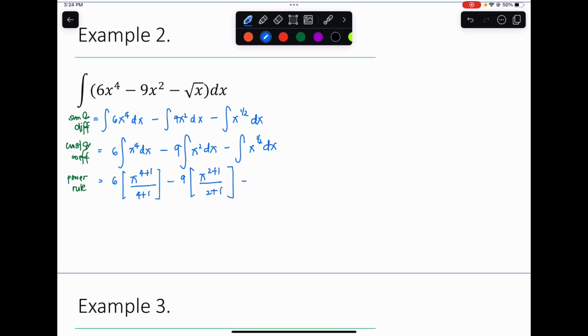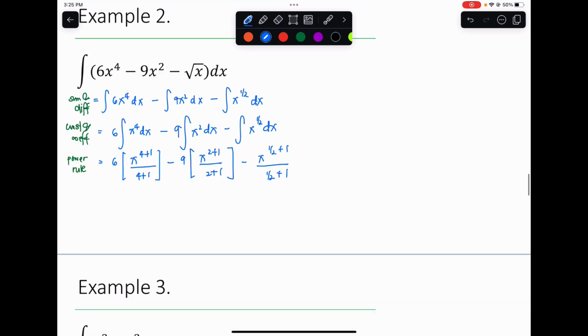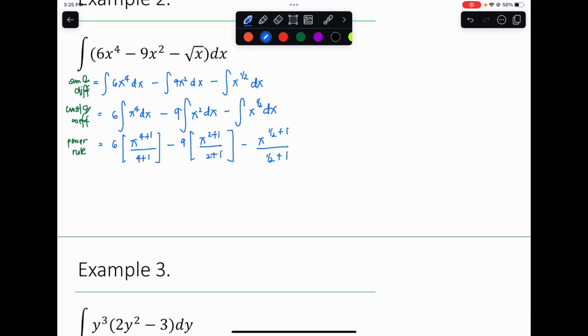Then minus, this will just be x raised to 1/2 plus 1 all over 1/2 plus 1. And then we simplify this. 4 plus 1 is 5. So that will give us 6 all over 5 x raised to 5. Then minus 2 plus 1 is 3, so 9 over 3 x raised to 3. And minus x raised to 1/2 plus 1.